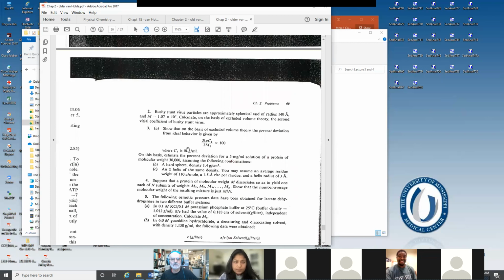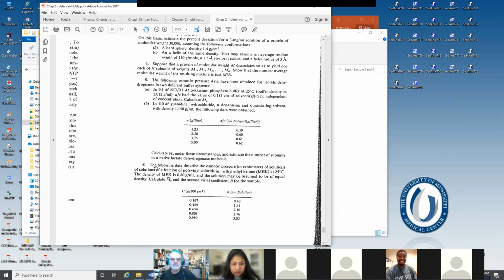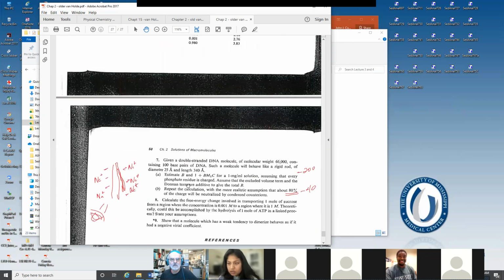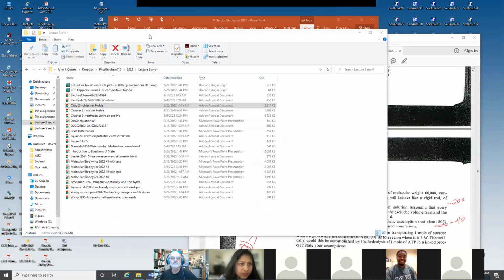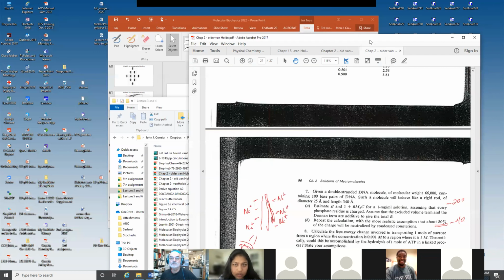This also had a 2-3, a 2-5, a 2-7. So that's why the numbers look similar. Actually, I think if you open the solutions of macromolecules chapter, that's what this is.